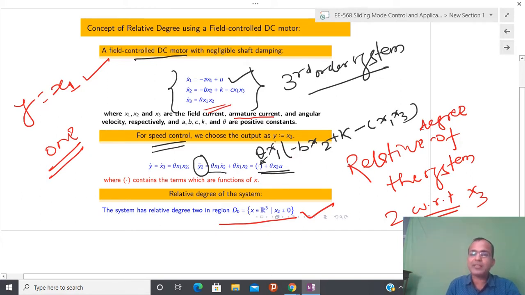If I express everything in terms of y equal to x3 and its higher derivatives, then the system becomes feedback linearizable. It means that if I perfectly know theta, the parameters of this motor, then I am going to design a second order controller that will work for this non-linear third order system. That is the beauty. Anyone has confusion till now? Then please ask me.